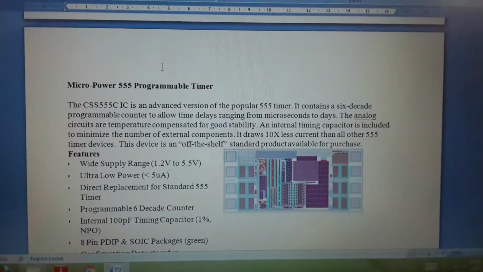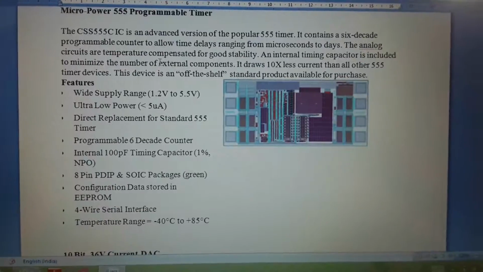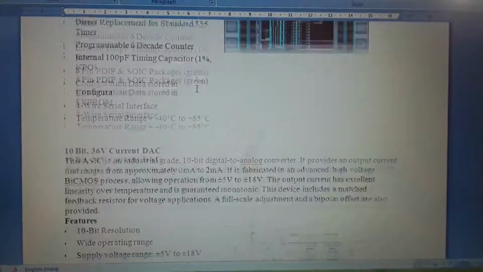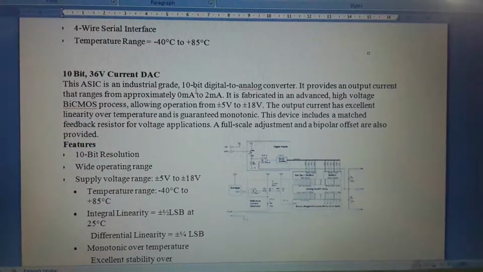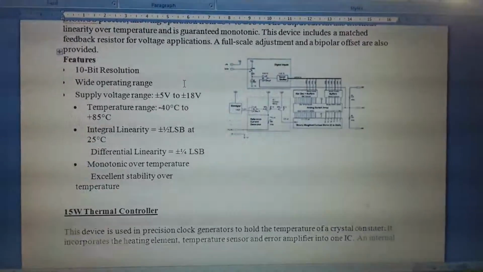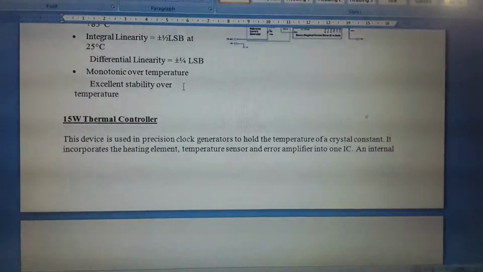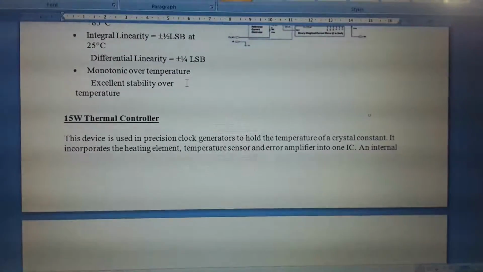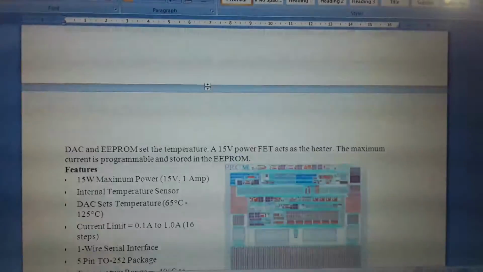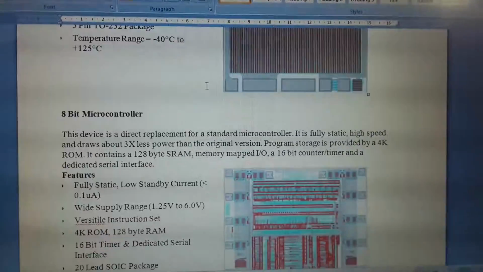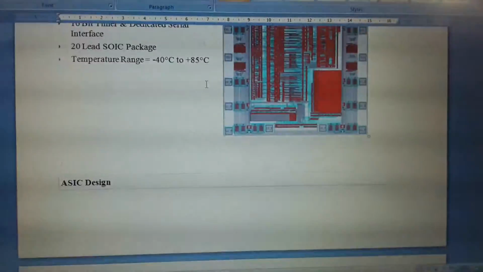Some others are micro power 555 programmable timer and its features, 10-bit 36-volt current DAC and its own features, 15-watt thermal controller which is used in precision clock generation, and its own features, 8-bit microcontroller.